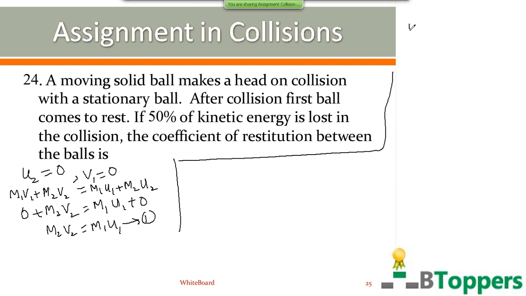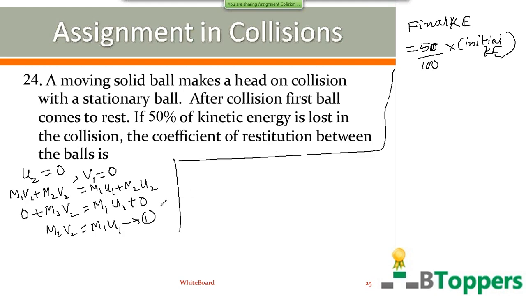Here it is given that the final kinetic energy of the system of the two bodies after collision can be taken as 50% of the initial kinetic energy, because 50% of the initial kinetic energy is lost during the collision. When 50% of the initial kinetic energy is lost, the final kinetic energy after collision will be 50% of the initial kinetic energy before collision. So the final kinetic energy after collision, you can write as 50 by 100 times the initial kinetic energy before collision.